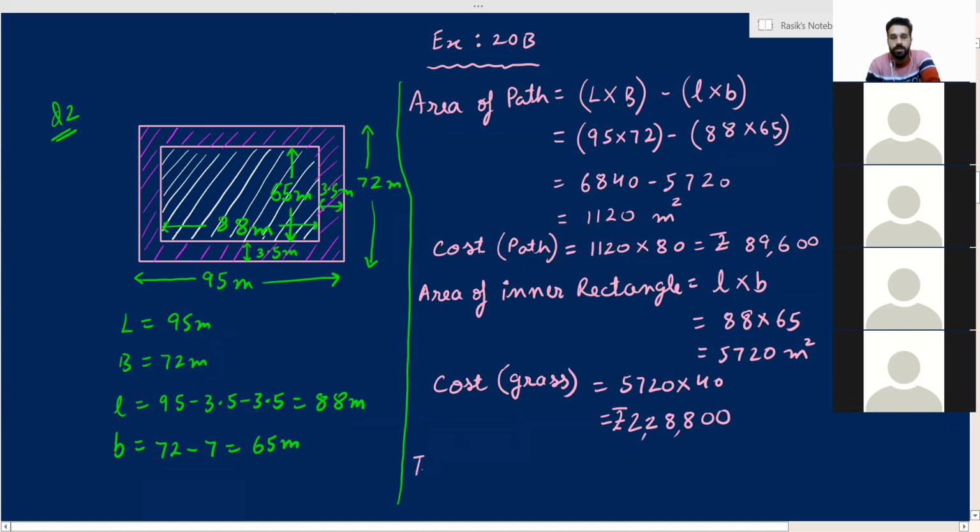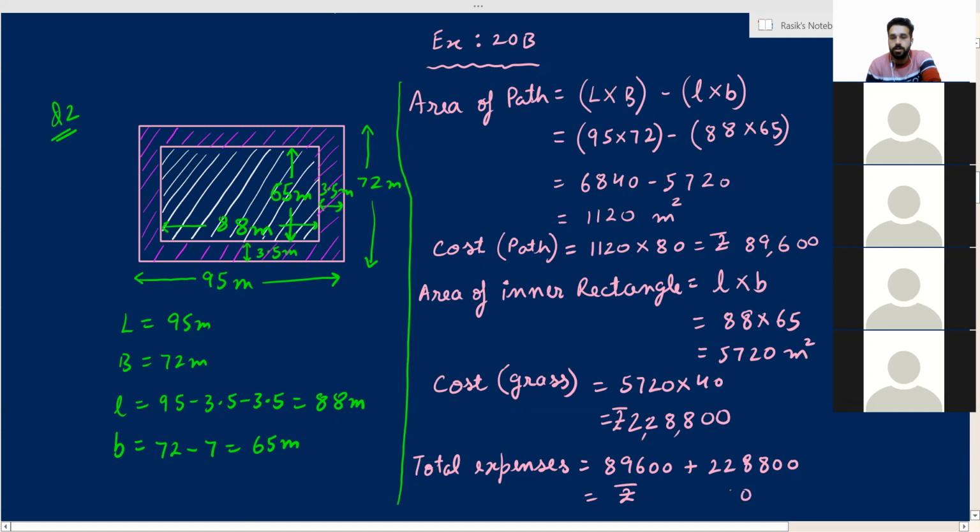Now how much are our total expenses? Total is what we have to find. Yes, total expenses. So we will add the two costs. 89600 plus 228800. What is the sum?